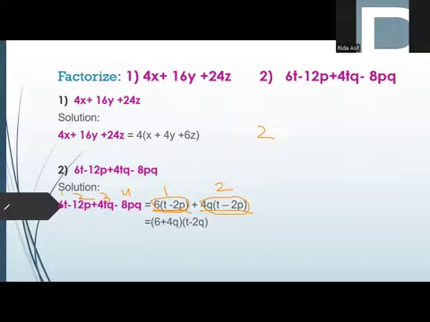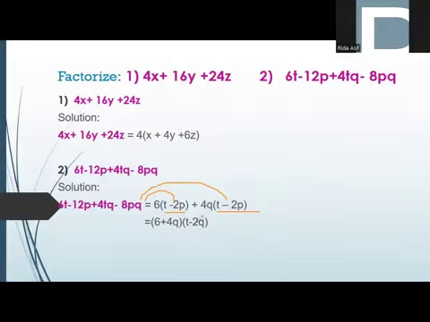Here again, come back to our question. This is our first term and this is our second term. In both terms, we can see that t minus 2p is common. Look at it again. So we are just taking it out as a common factor from the bracket t minus 2p.